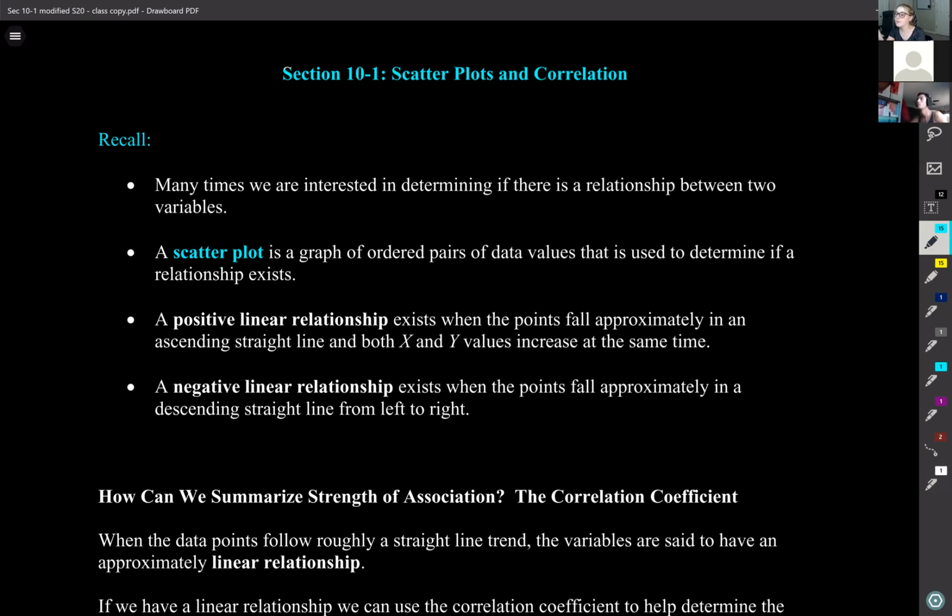Then we get into two types of relationships. One of them is a positive linear relationship. A positive linear relationship exists when the points fall approximately in an ascending straight line. What that means is that as the X values increase, the Y values also increase. So it's a straight line that has a positive slope. As one increases, the other increases as well.